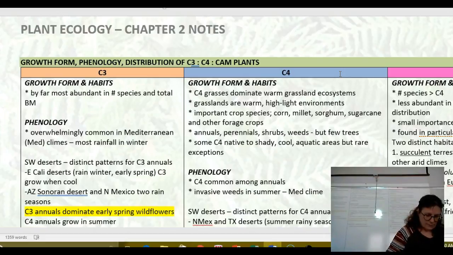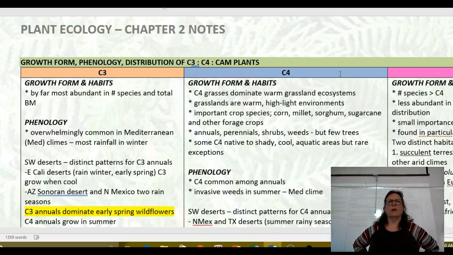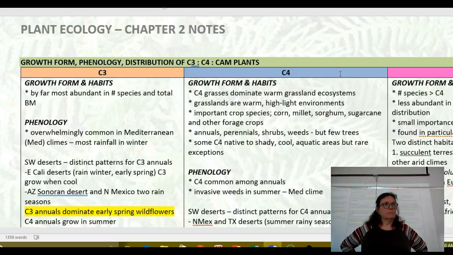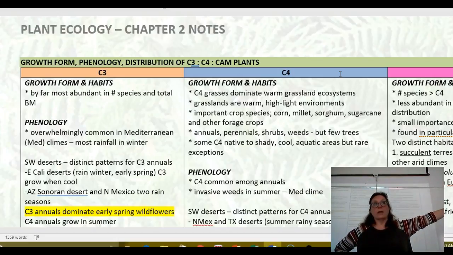In figure 2.17, the CAM epiphytes, do you guys ever go to, what are they called? Arboretums. Have you ever gone to, like, Atlanta has one. It's beautiful. Down in the parks area, the natural science museum and stuff like that, near the zoo down there, they have an arboretum.